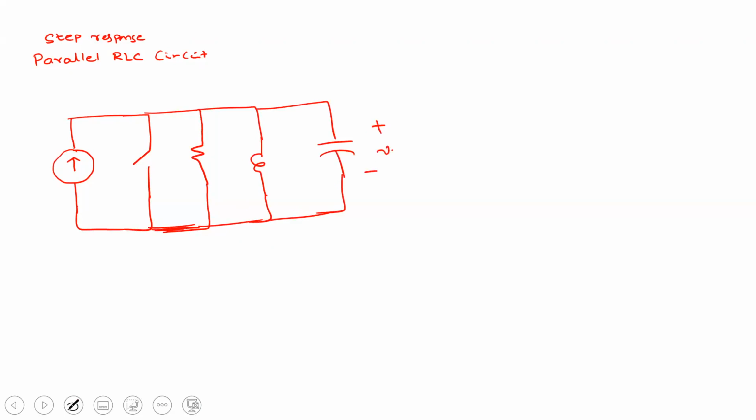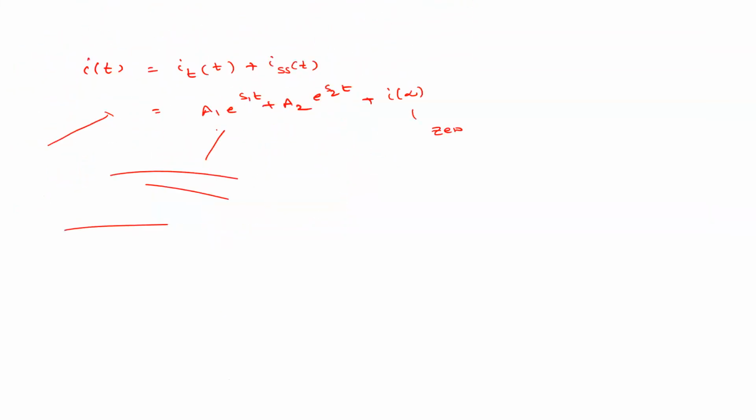This is the voltage across the capacitor, V. This is the inductor current, I. This is R, L, and this is C. This switch is open at t equal to 0, and this current source value is IS. If you assume this node is the reference, this voltage will be the capacitor voltage V. At t equal to 0 the switch is open, so this entire thing is energized by this current source value IS.